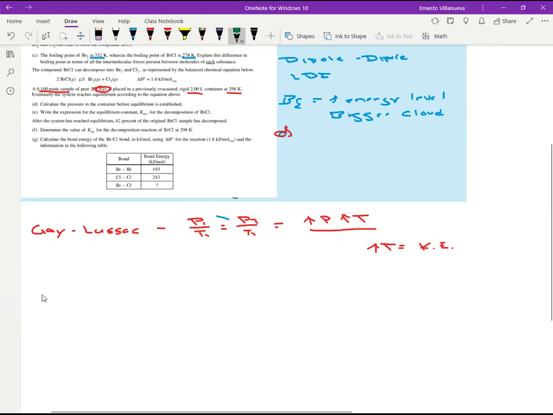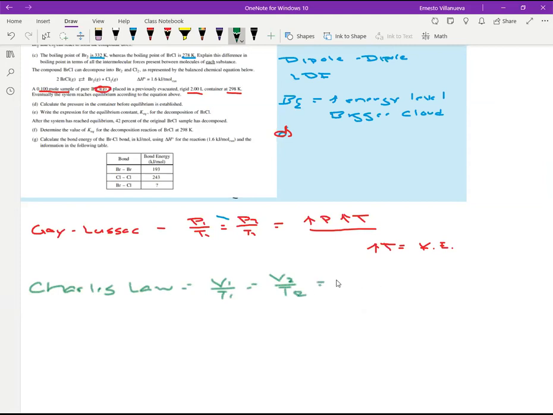Okay. The next law that we're going to discuss is going to be Charles' law. Okay. Charles' law says that volume and temperature also have a direct relationship. And the initial volume over the initial temperature is going to equal the final volume over the final temperature.